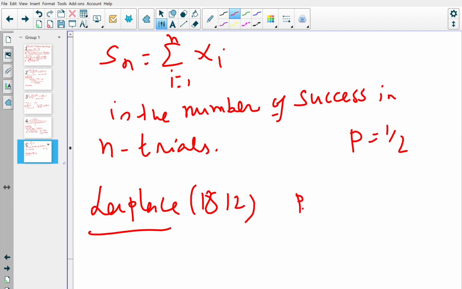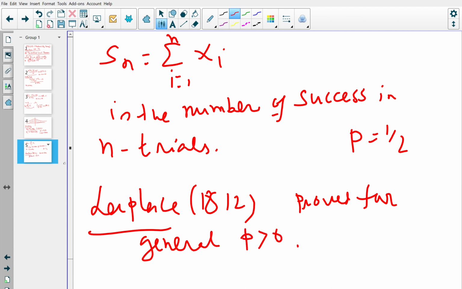Result is proved for general p. Okay, so general p, probability is not necessarily only half, it is greater than 0, less than 1.